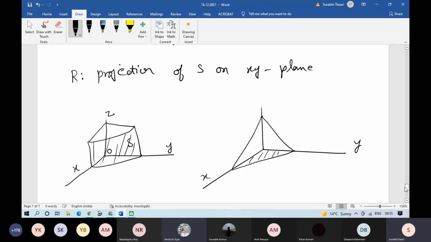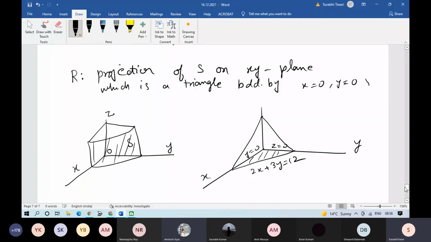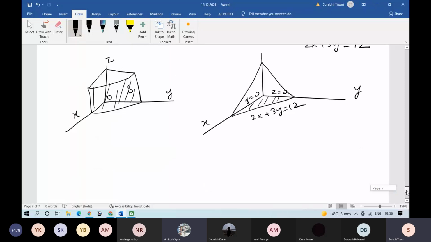ठीक. सो दिस इज y is equal to 0, दिस इज z is equal to 0 and this is 2x plus 3y is equal to 12. So on the xy plane, this is a triangle bounded by x is equal to 0, y is equal to 0, and 2x plus 3y is equal to 12. ठीक.